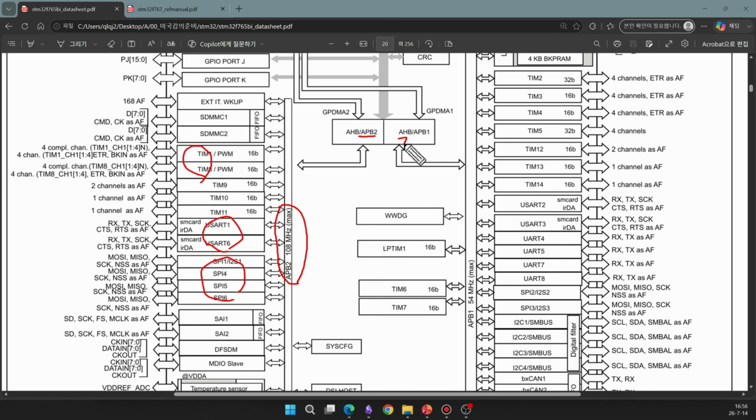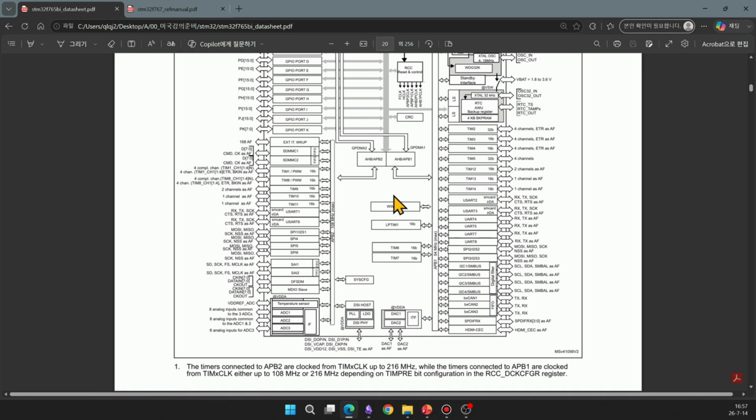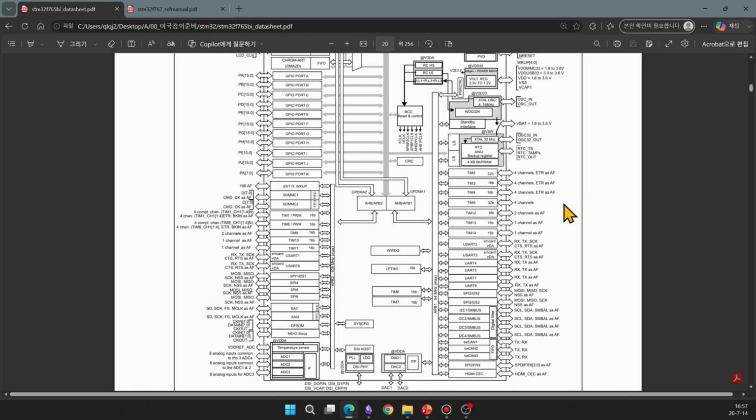Then, the one branching off to the right here is APB1, and this can be operated at a maximum frequency of up to 54 MHz. Here as well, multiple timers exist. We can also communicate with various modules such as UART, SPI, and I2C. So I've just briefly summarized the most fundamental things that serve as a starting point for us.